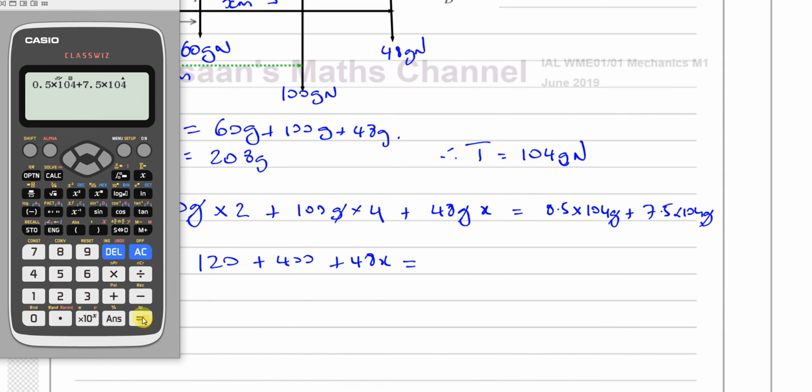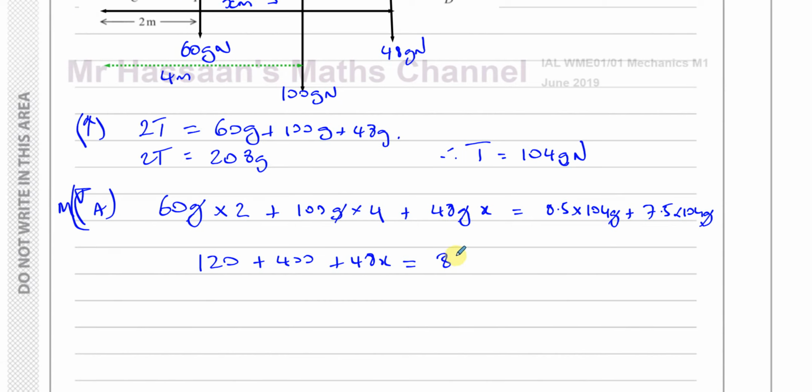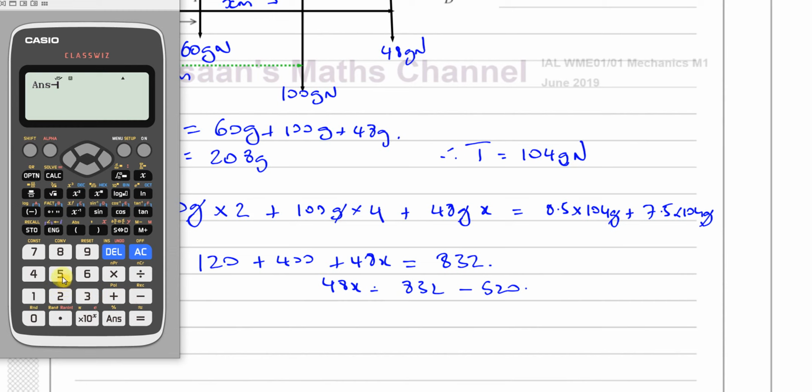That's 832. So now 48x is equal to 832 minus 520.